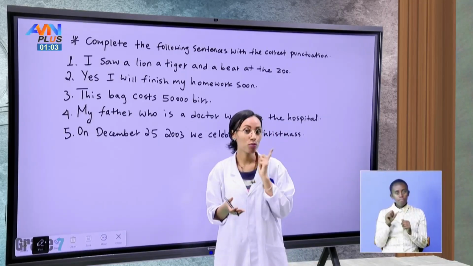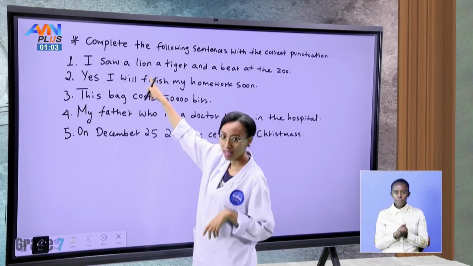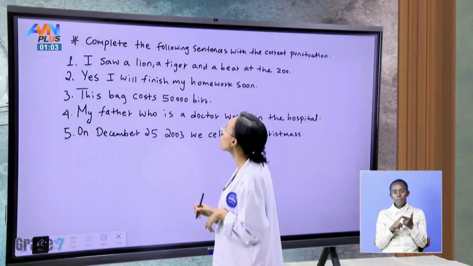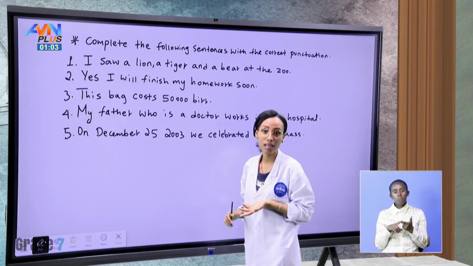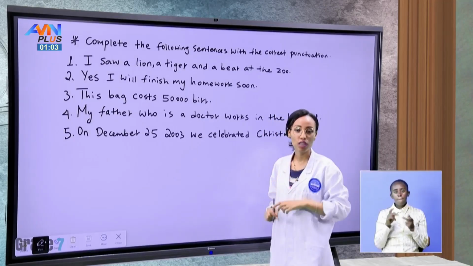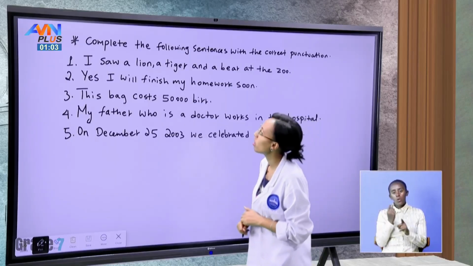And in the middle, we used what? Comma. So I saw a lion, one, and then we have a comma, right? We put a comma here. A tiger, because we have and here, we don't need a comma. So and a bear at the zoo. So that is the correct use of the punctuation comma.